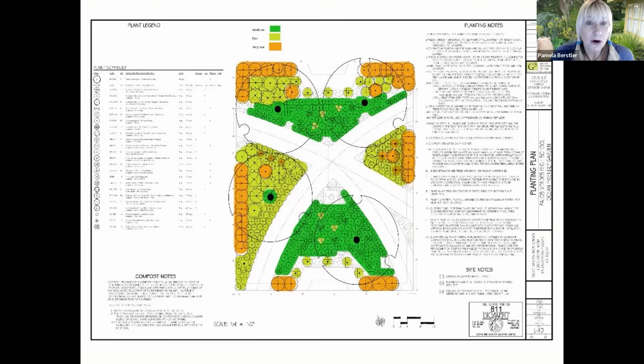Now, a lot of people will argue, and I think effectively, and it's really up to you, and it's up to your local municipality's ordinances about how to handle this. But a lot of people will argue that when you have very low water requiring plants with low water requiring plants, the differentiation is not as drastic as it would be for moderate water use plants with low or very low.